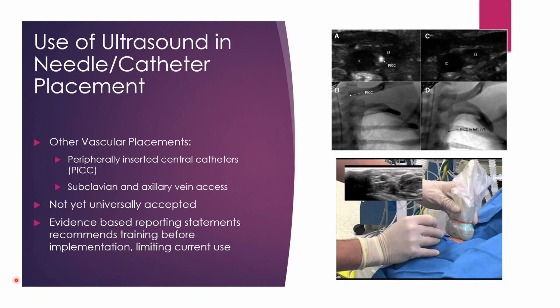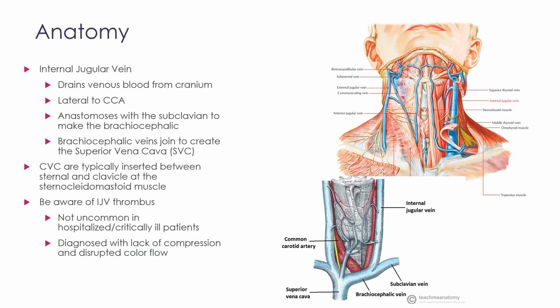They're still looking. There's some evidence-based reporting statements that recommend a certain amount of training prior to using this for those smaller vessels, but you will see clinically a lot of people are attempting to do this, even though it might not necessarily be recommended under certain circumstances.